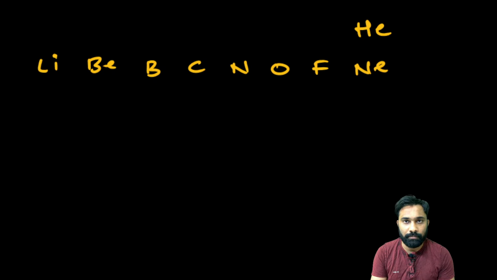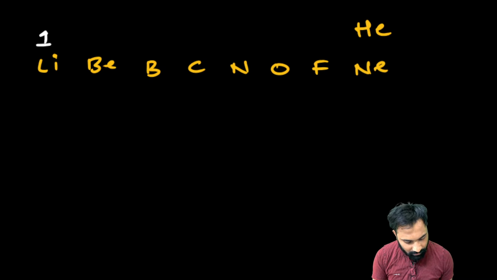Here also, first is the second period elements. These are the alkali metals. Alkali metal valency electrons are 1. Beryllium valency electrons are 2. Boron valency electrons are 3. Carbon valency electrons are 4, so its group number is also 4.